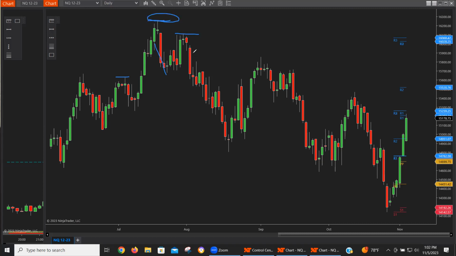It left it alone, but it decided to come get this. It also created, what is that area right there? An imbalance.